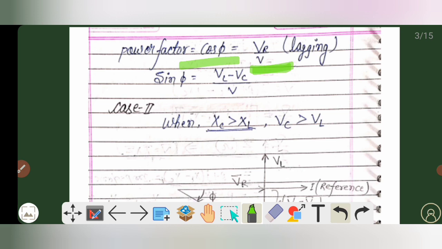So here we can say that the circuit is lagging in nature. Now if you want to calculate the value of sin phi from the same phasor diagram, that will come out to be (VL minus VC) by V.